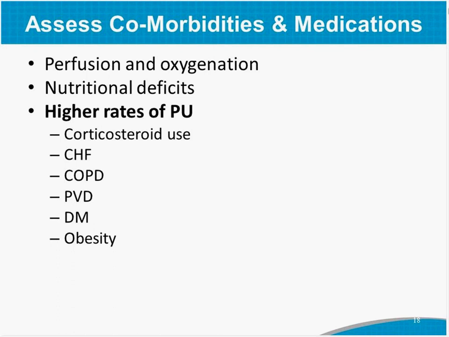We need to assess comorbidities and medications, and in the 2014 clinical guideline, the full resource is at the end of this presentation on the slides. So if you want to look at it, you can download the quick version for free from the NPUAP website, which is www.npuap.org, and it is available in multiple languages besides English.